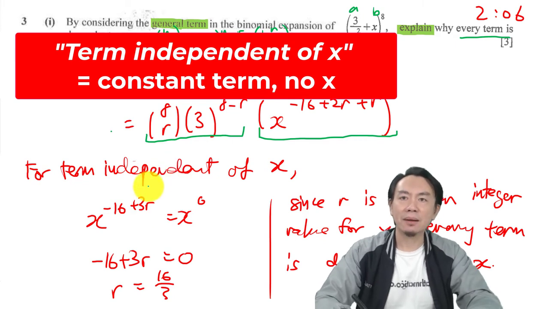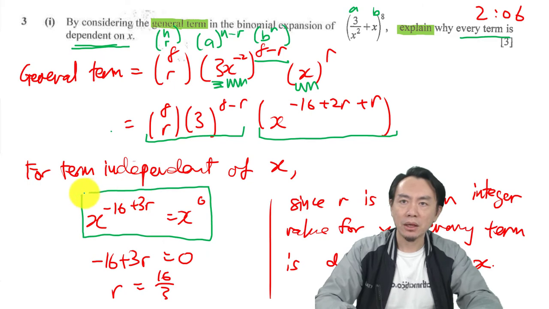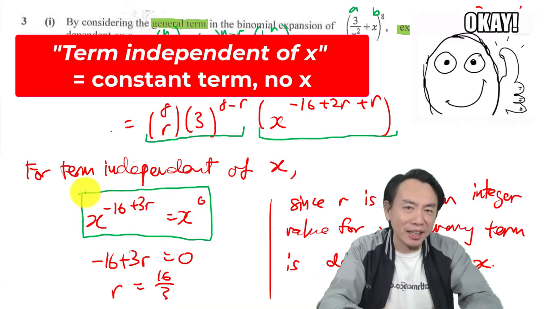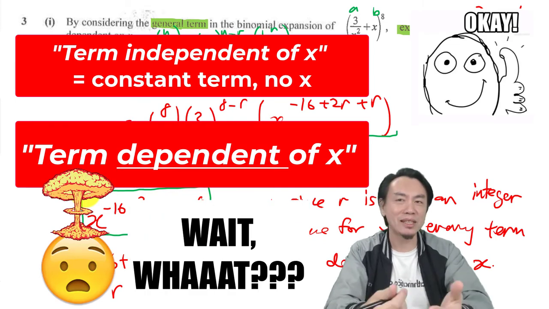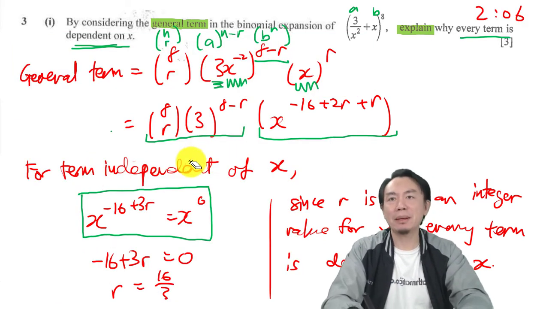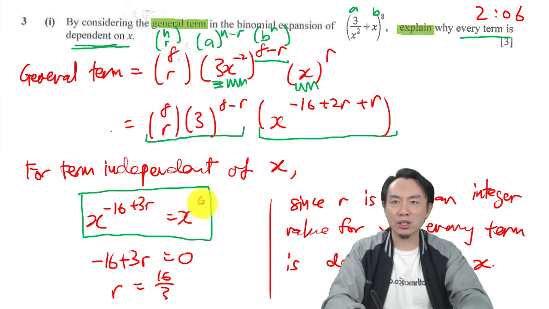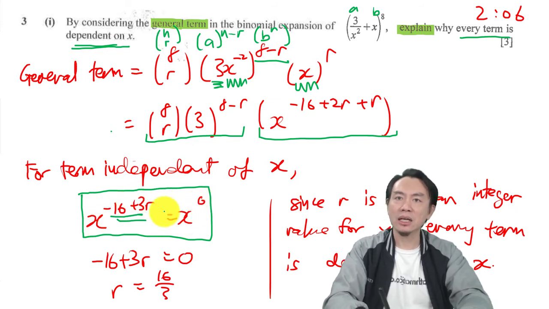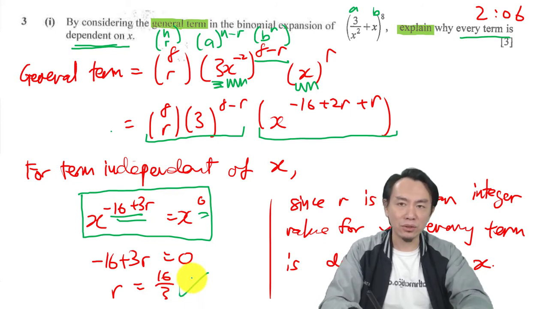So we set this up, term independent of x. If you understand what term independent of x is, then you understand what term dependent on x is. It's the opposite. Let's go for the term independent of x first. You have x to the power of 16 plus 3r equals x to the power of 0. That means this power here is equal to 0, and you realize that r has to be 16 over 3.